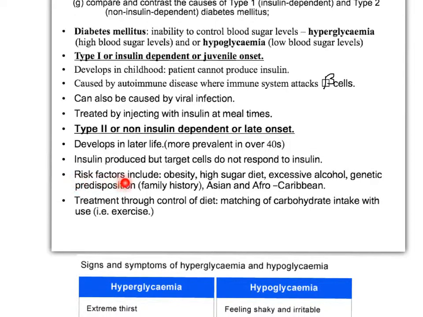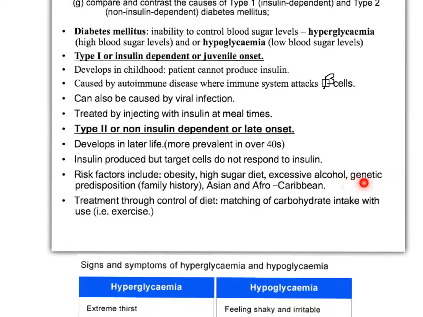Okay, there are certain risk factors for type 2 diabetes. Some of them are lifestyle, some of them are genetic, so obesity or a high sugar diet or excessive alcohol consumption would be lifestyle factors which add to the chances of you developing type 2 diabetes later in life.